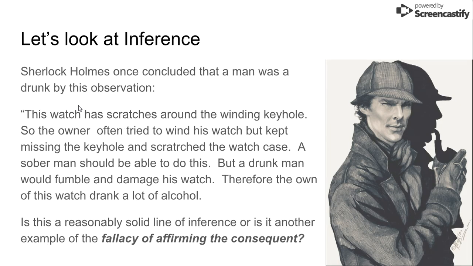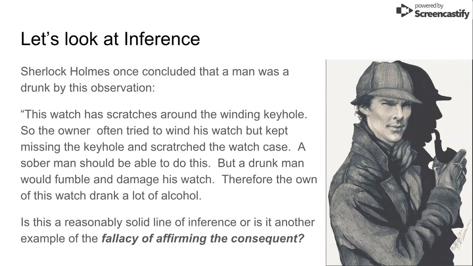So we're going to look at inference, how we can make reasonable expansions on our observations to what is the cause behind it. So here's one that I didn't like when I read as a kid, some Sherlock Holmes. He observed this watch has scratches around the winding keyhole, back when watches had to be wound with a little key.